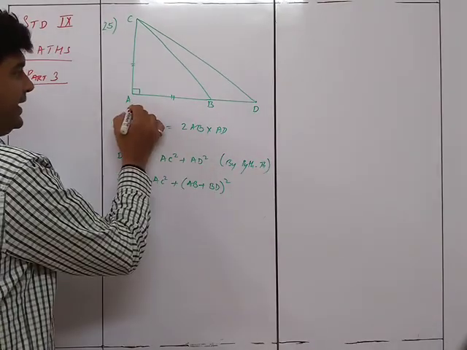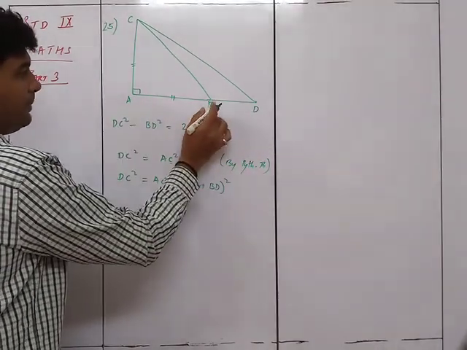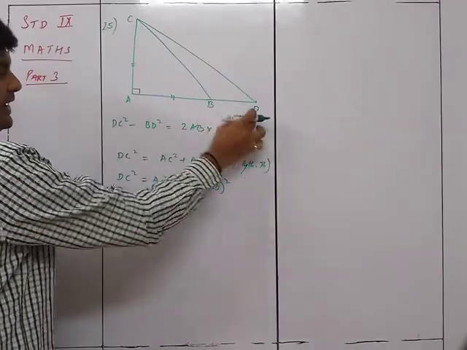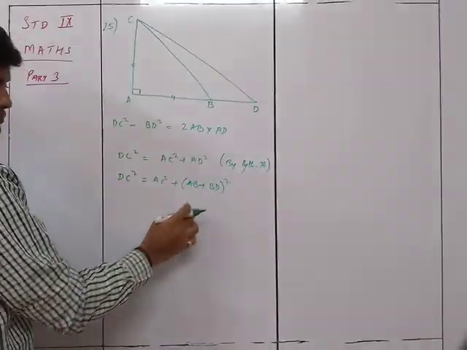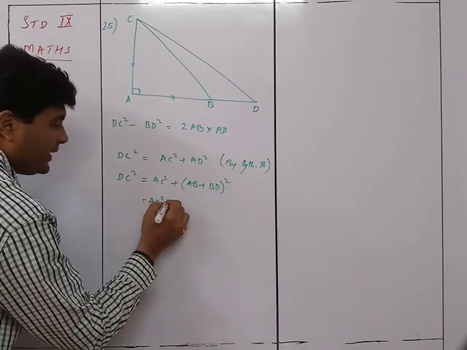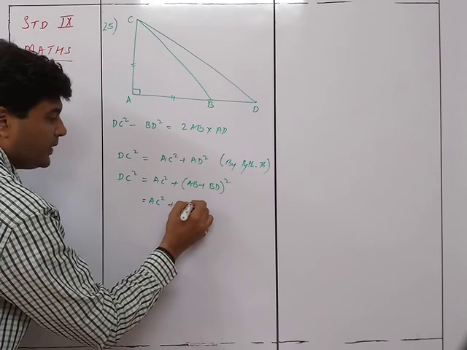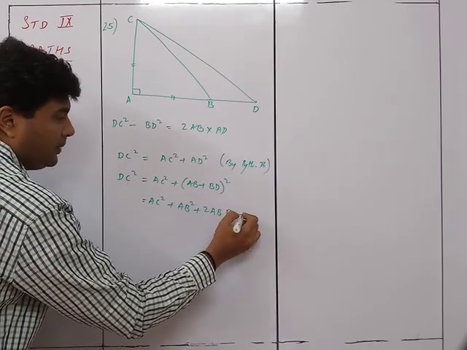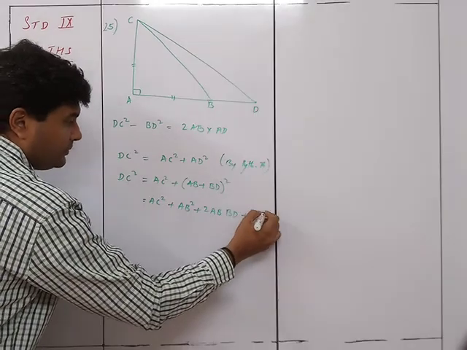This AD is nothing but AB plus BD. So AB plus BD is AD, its square. Now if we open this, what will we get? AC square plus AB square plus 2AB BD plus BD square.